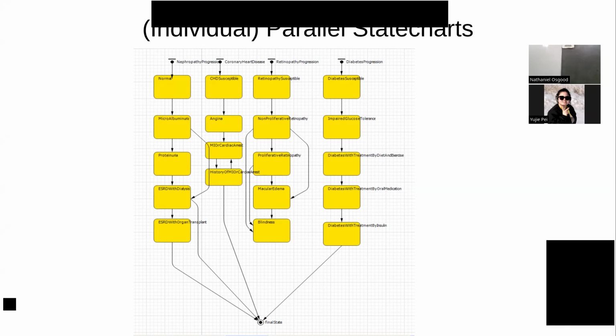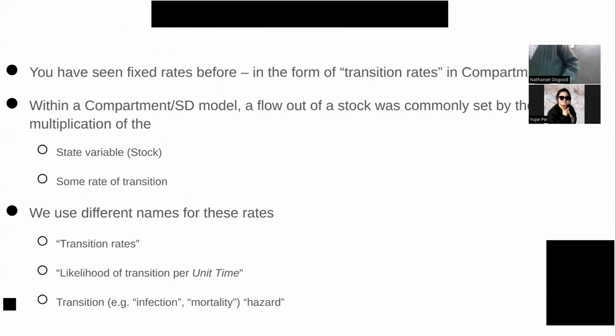It may be that certain types of medications like insulin use or metformin use slow down progression, and by implication will therefore slow down progression along these. But the point is, at any one time, this agent will be in a single state with respect to each chart. Comfortable with that? Okay, hearing no objections, I'm going to continue on to talk about some of the implications of that.